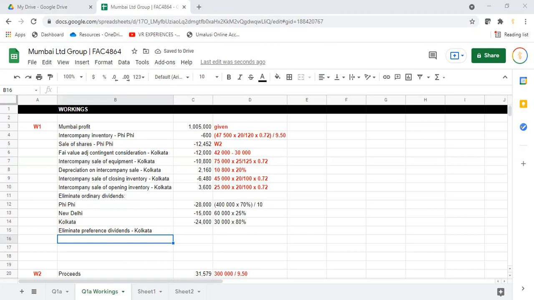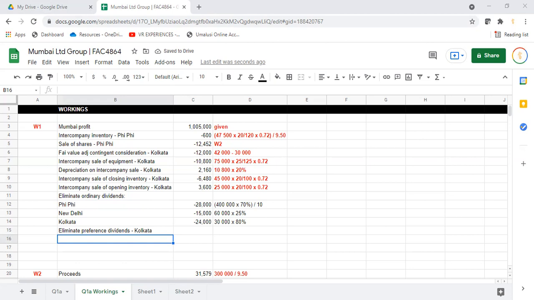With preference share capital of 20,000, I'm trying to see the percentage we acquired of the preference shares.